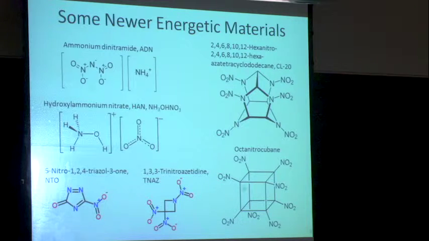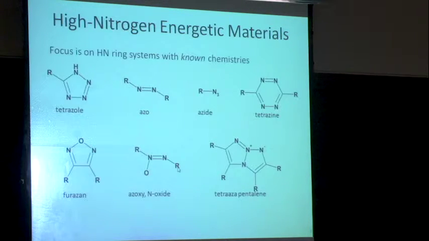You can have cubane type compounds as well. Even more recently, high nitrogen compounds. I show a couple here, but this shows a wider variety of them. The most typical are azides, but azides are very sensitive. Less sensitive nitrogen compounds are your tetrazoles, tetrazenes, and furazans.